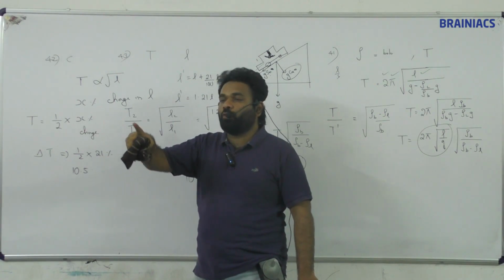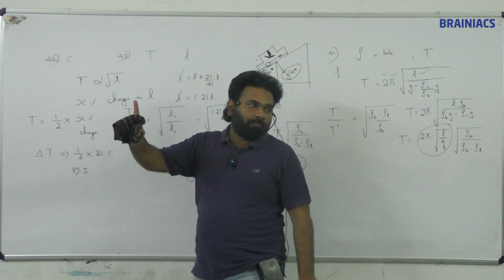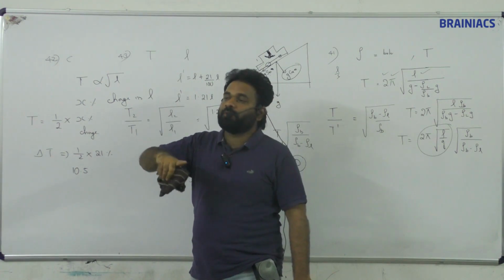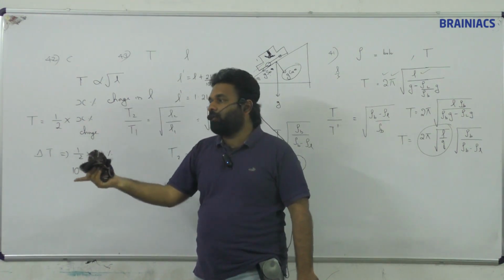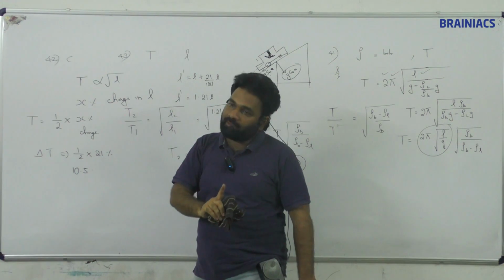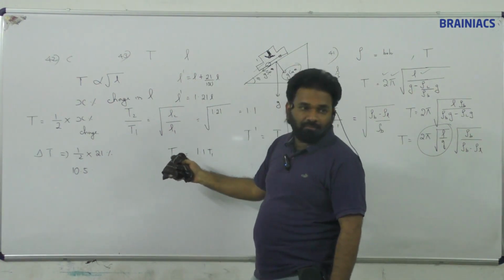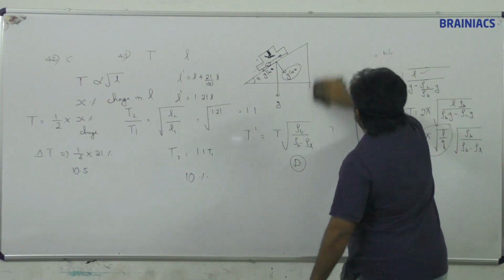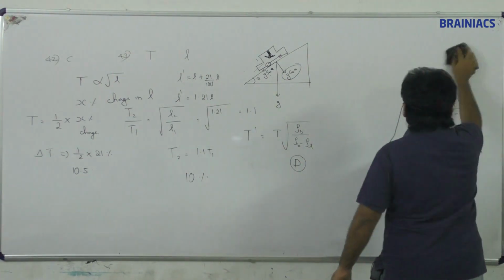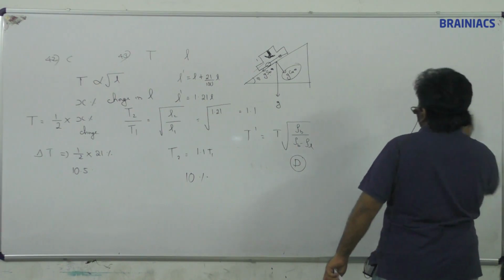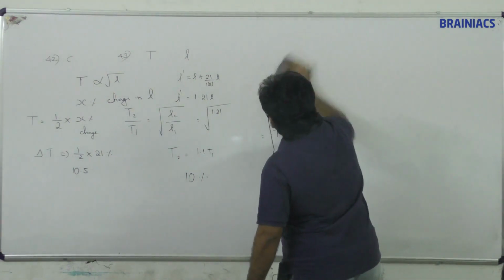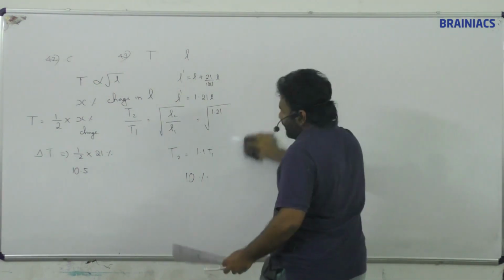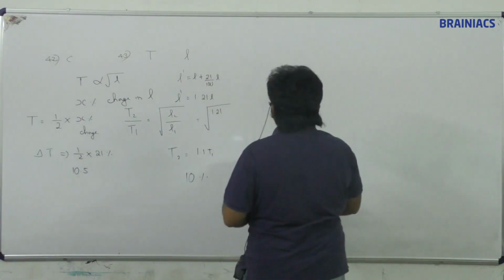P is equal to root 2mE. So in that case also, the percentage change in momentum will be given, and the percentage change in kinetic energy can be found the same way, same method. Clear? Okay, right.